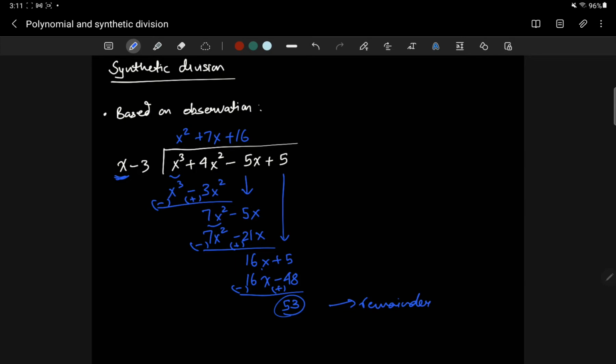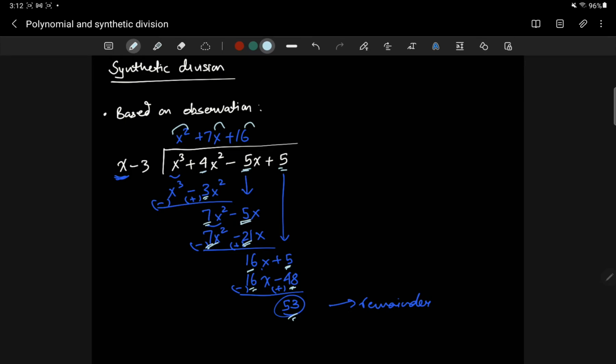Now, an observation that I want you to make here is that at each step, what is really important are these numbers, right? Because once we write it down in decreasing powers of x, namely x cubed, x squared, x, and then constant, what determines the entire process are actually just these numbers. It's not determined by powers of x because we know that it's going to be x squared first, followed by x, followed by constant.